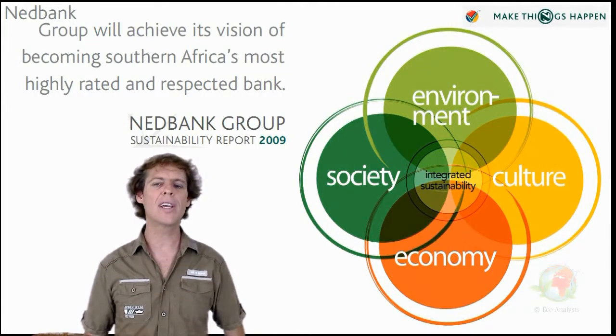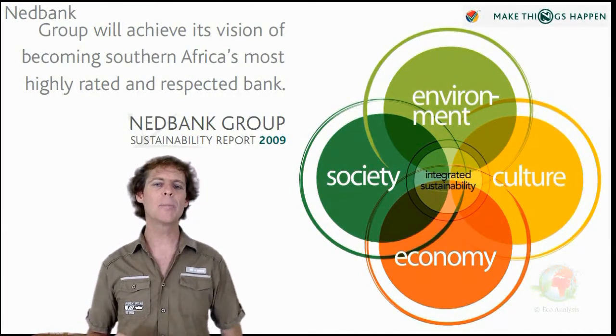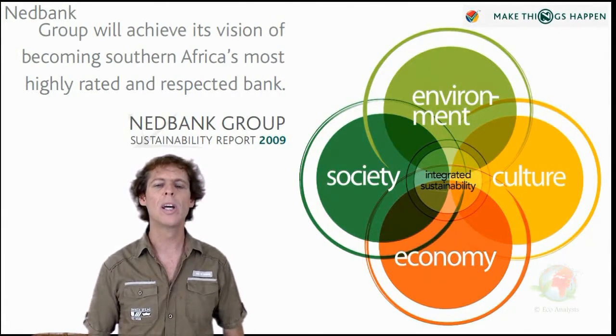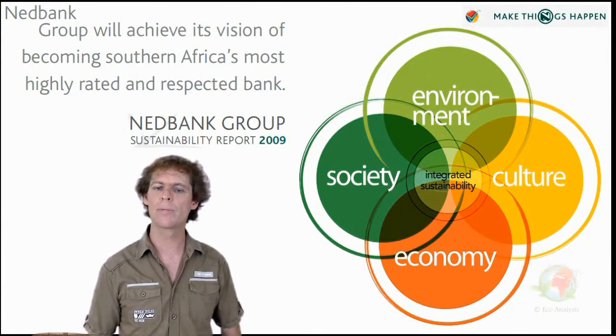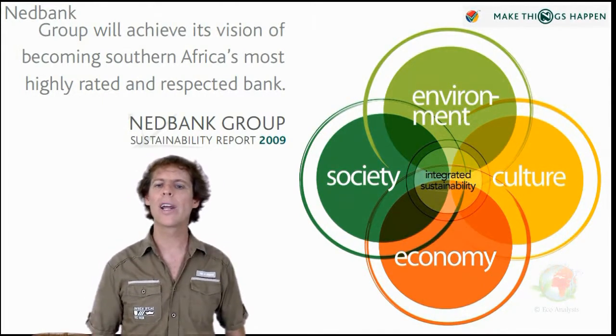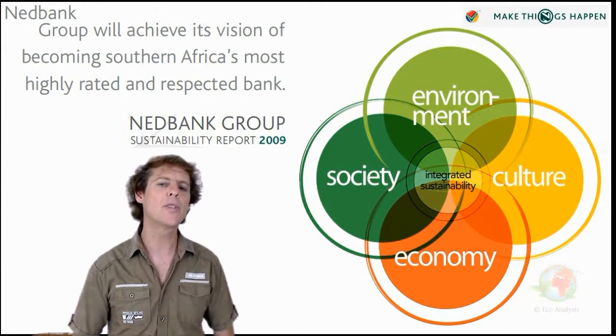When Nedbank first indicated their intention to aim for carbon neutrality in September 2009, they committed that the group would strive to achieve it as far as possible by means of behavior change, reduction targets which included paper, water, electricity, travel and waste, as well as operational efficiencies.